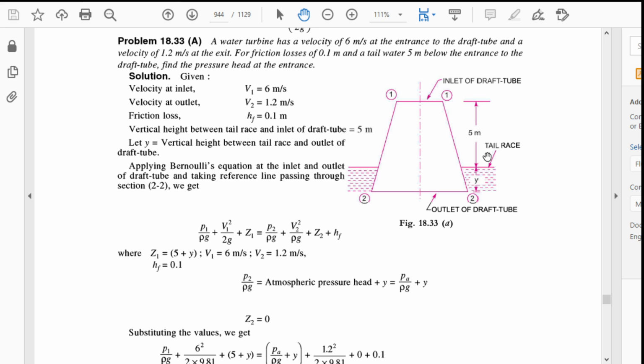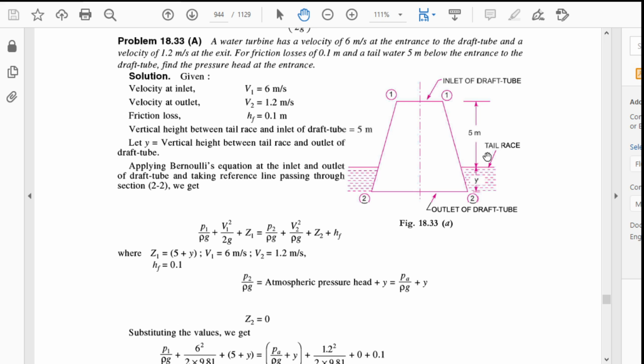They did not mention any value for y. We have to find out the pressure head at the entrance, that means P1 upon rho g.